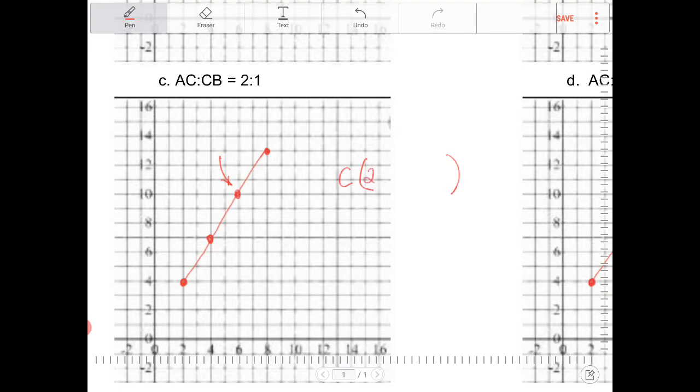From 2, I'm moving how much over? 4 over. And then from A, I'm moving 6 up. So 2 plus 4 and 4 plus 6. So C is located at (6, 10).